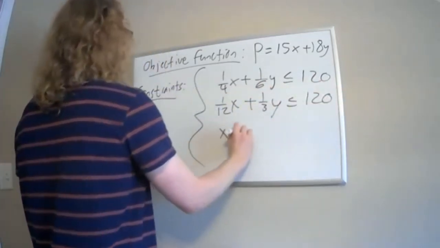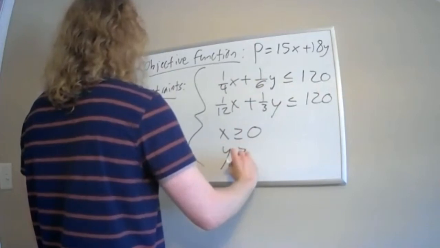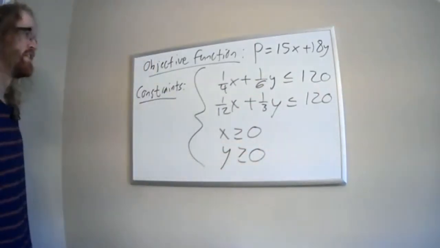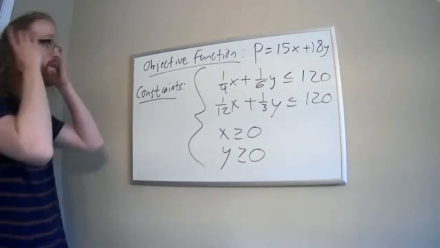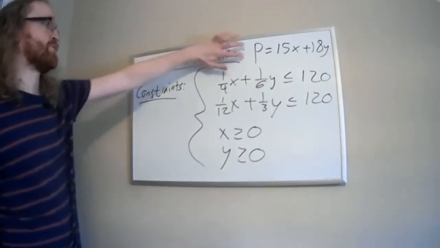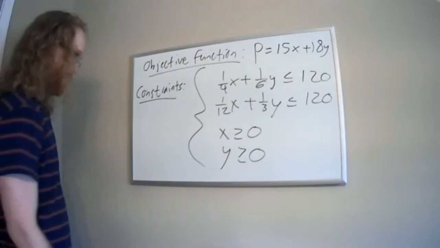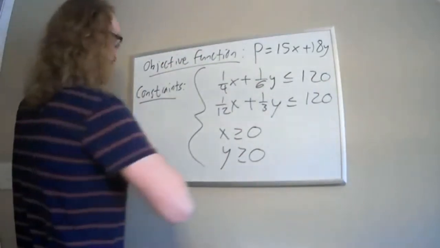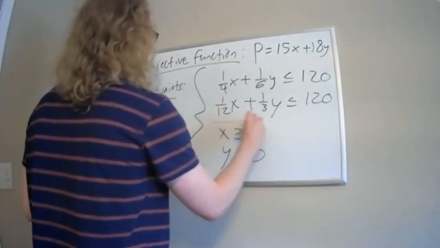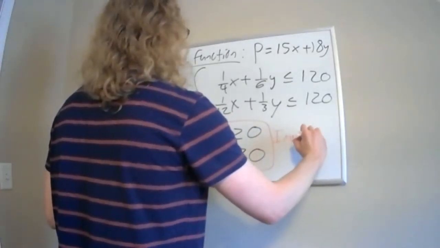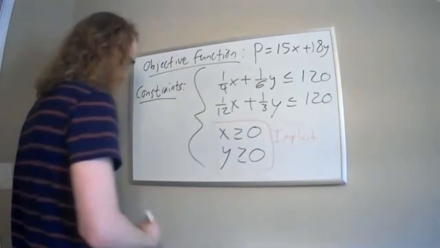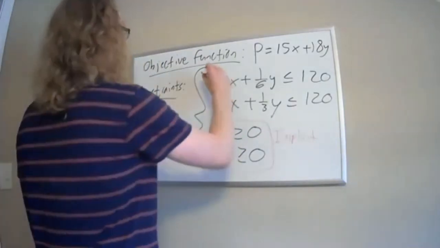And then I just had to insist that x is greater than or equal to 0 and y is greater than or equal to 0. So in summary, I have all of this information that we're going to use to solve this problem. I have my objective function and I have these constraints. And I'll just remind you, these were implicit. And the other two were explicit.